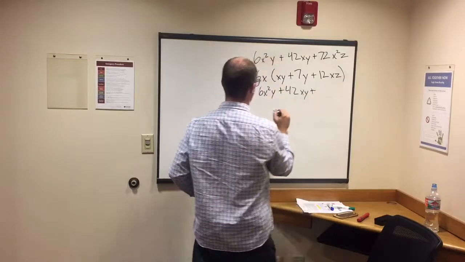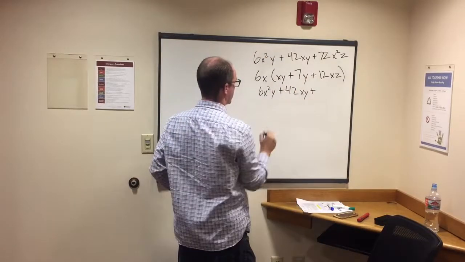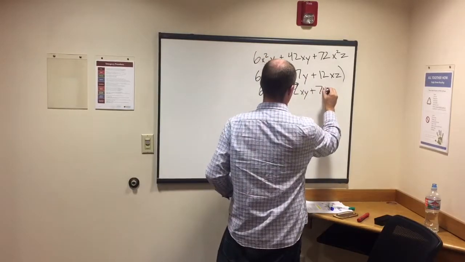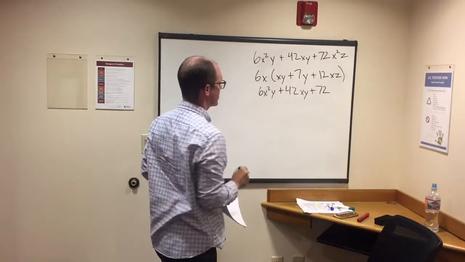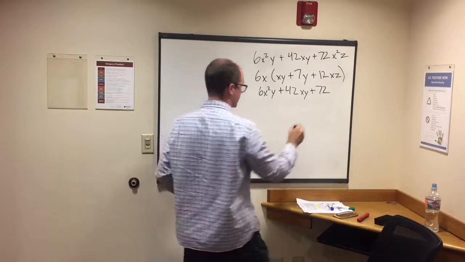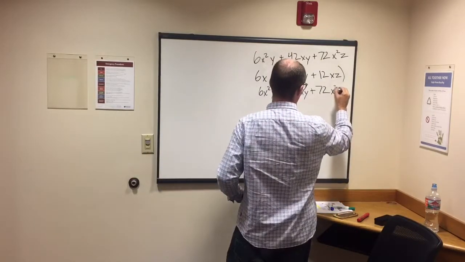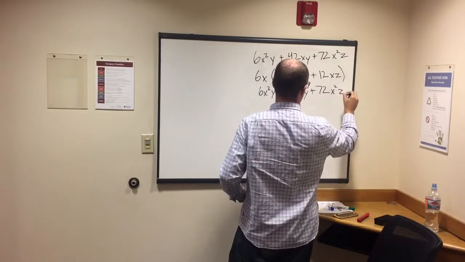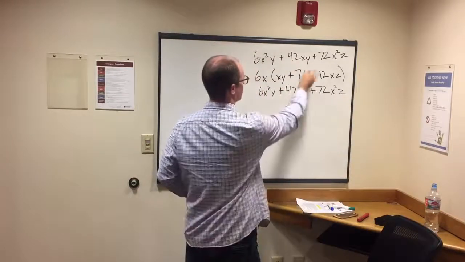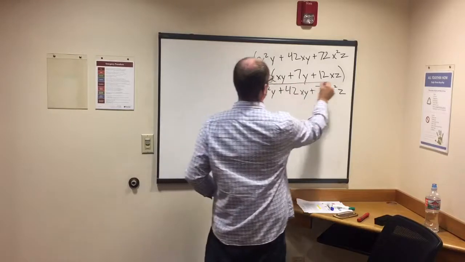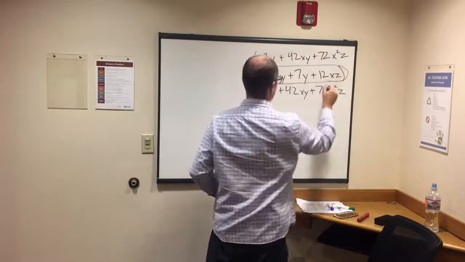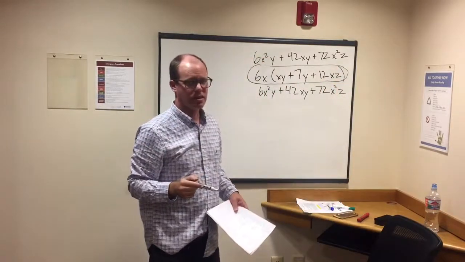And one more. 6 times 12, 72. And then x times x again is x squared, and then there's a z. Is that what we have? 72x squared z. So we know that this thing is the right answer, and we're good to go.